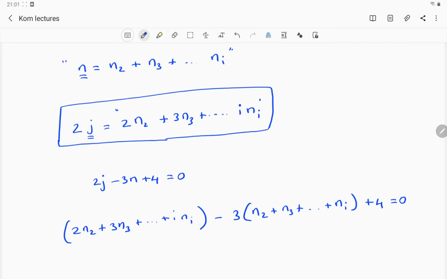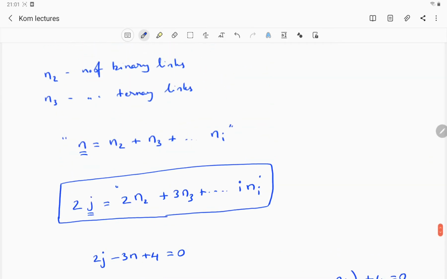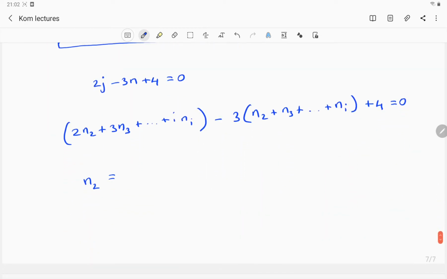Now if I rearrange things, what I will get for n2, because n2 is what I need, right? Because we want the minimum number of binary links, we have to calculate the number of binary links. So the number of binary links is equal to 4 plus n4 plus 2n5 plus 3n6 plus dot dot dot plus (i minus 3) into ni.